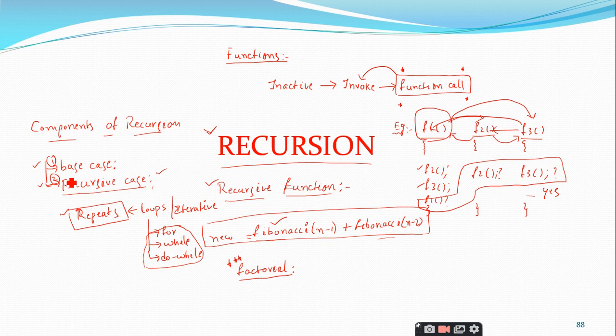What about the base case? If you consider loops like the for loop, while loop and do while loop, you can observe that these loops have to be given a very good condition, which is called the termination condition. You should specify a termination condition so that the iterations or repetitions will stop.